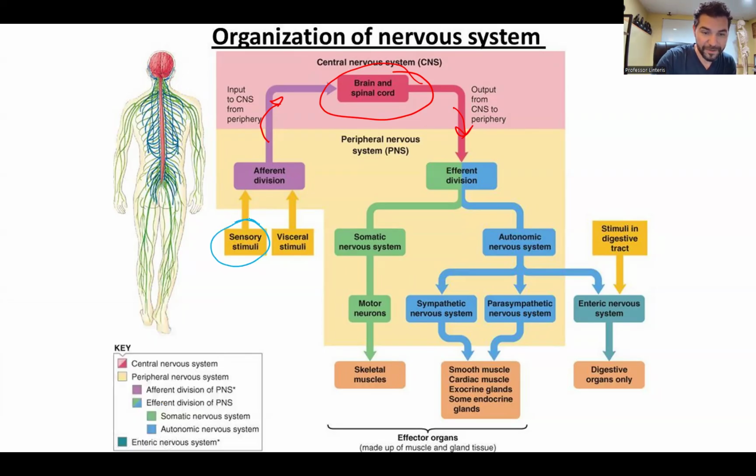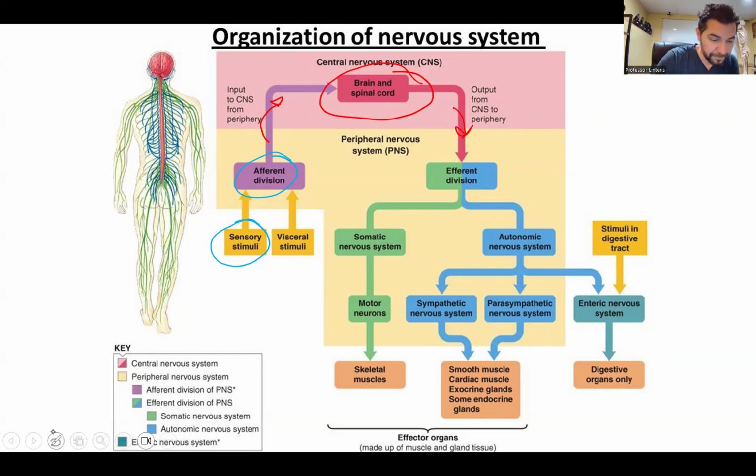The sensory messages come in through the afferent pathways, entering the back of the spinal cord through a spinal nerve, going up maybe through an ascending tract, maybe the spinothalamic tract, through the spinal cord into the brain.